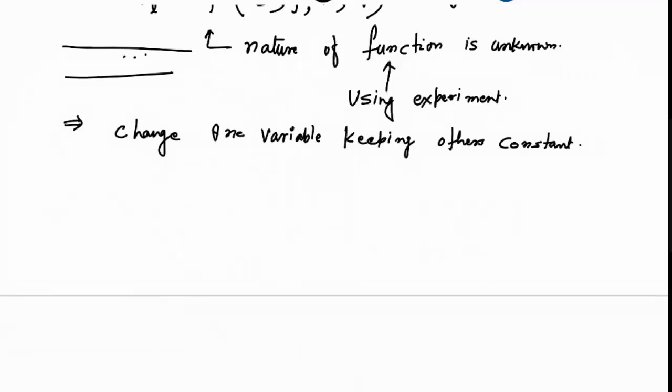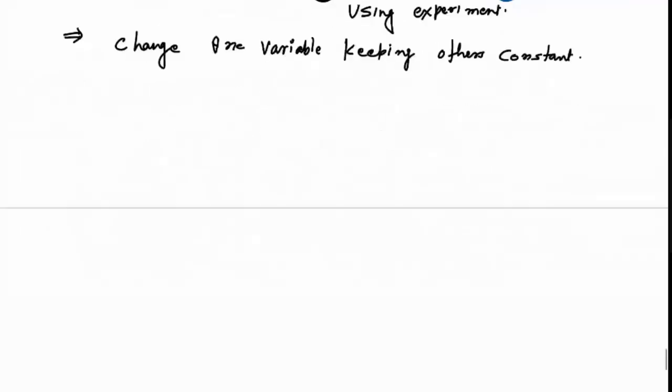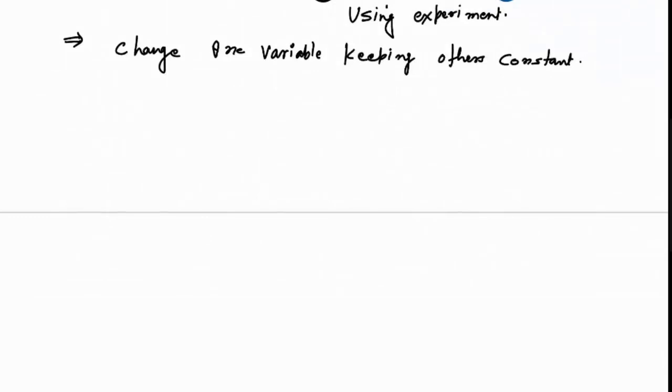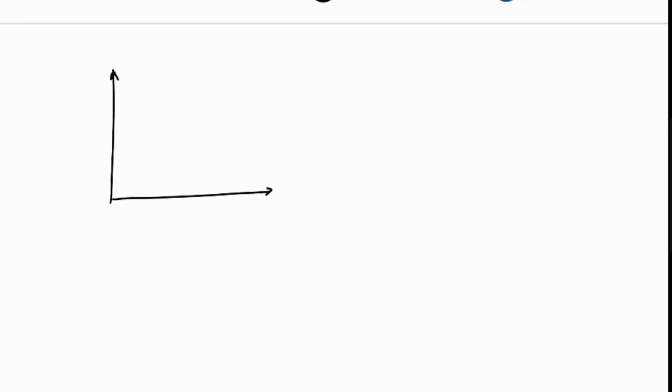Then you can make a plot. So what kind of plot will you have? You can make something like this. You are doing some experiment, and in this experiment, diameter, density, and viscosity are constant. Then you are measuring the pressure drop per unit length, and you are changing the velocity.